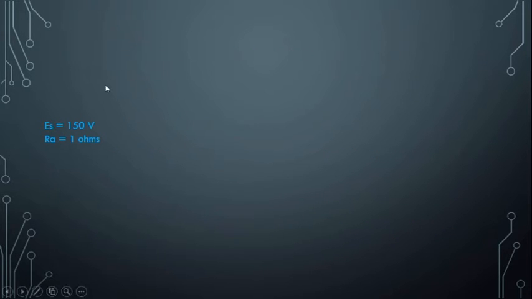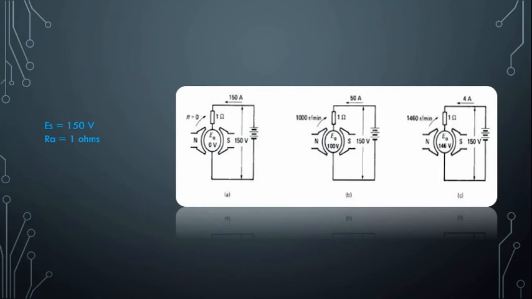Now let's say we have a motor with a supply voltage of 150 volts and an armature resistance of 1 ohm. Now what will happen if we apply this voltage at starting? At starting, as we have said, the back EMF is 0, right?